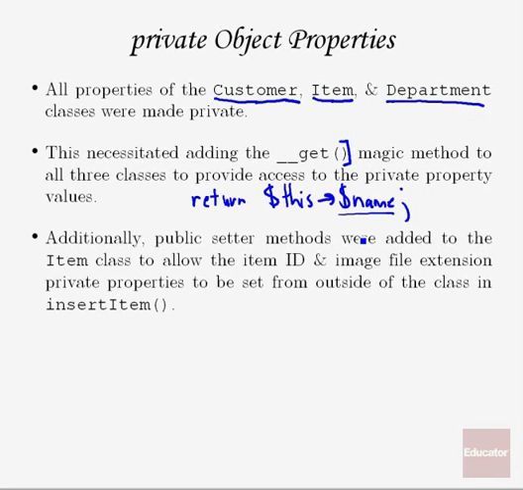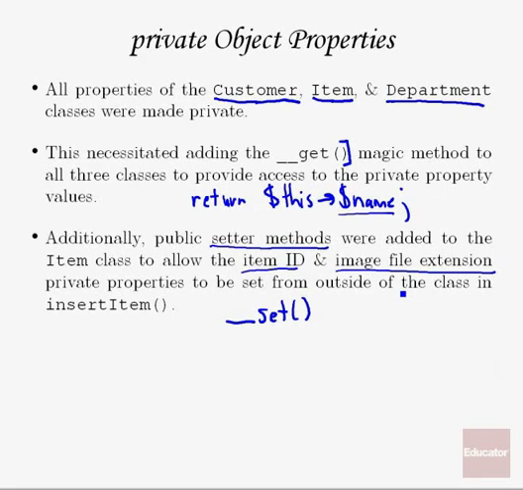And then also to our item class, we've added two public setter methods for the item ID and image file extension private properties, so that they can be set from outside the class. And here we're not using the __set method, again, because that allows the creation of additional object properties that we don't want, and we're only providing setter methods for item ID and image file extension because we only want users to be able to set these particular properties.